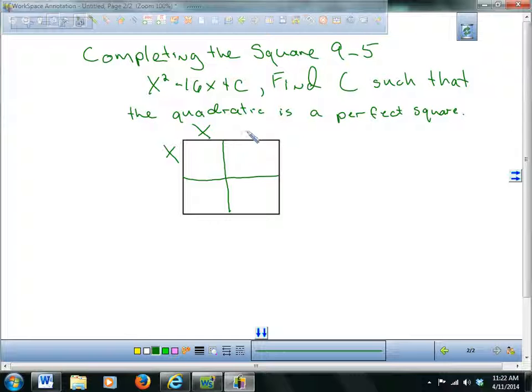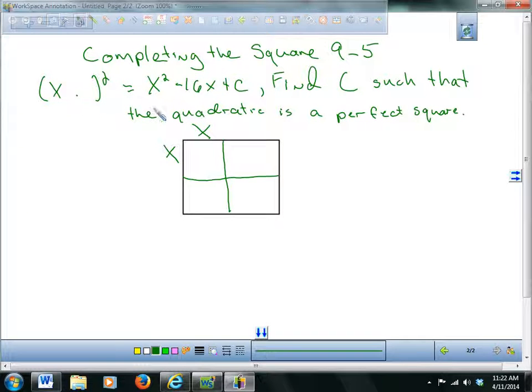And then all I have to do is end up with a minus 16x. And that minus 16x comes from this box and this box. See that? By adding them together, if I were to multiply two things that are the same, I want to figure out what x plus or minus something, squared, I want it to equal this.